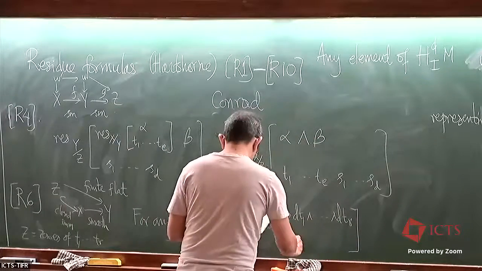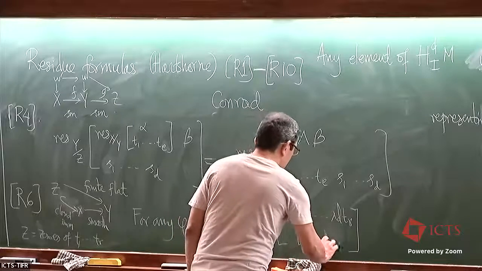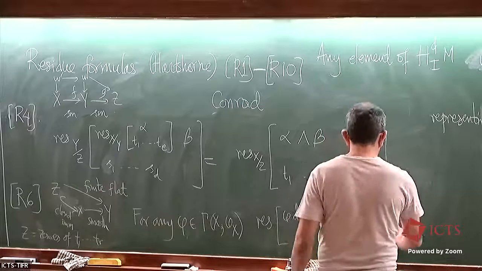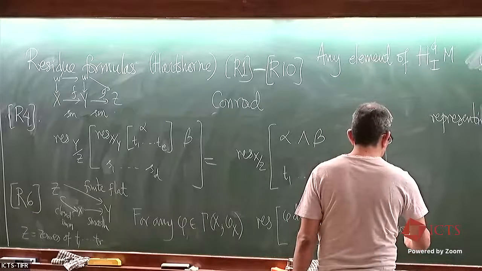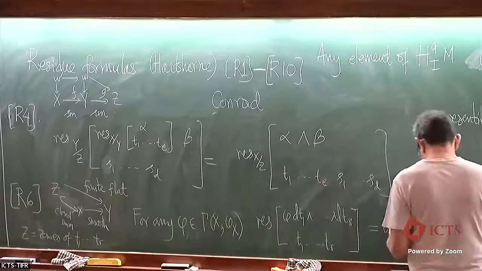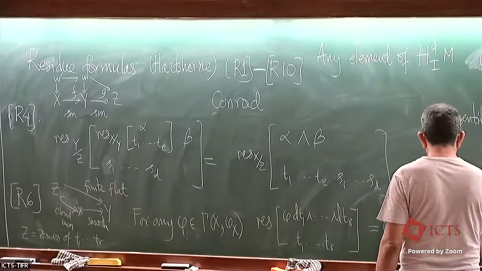Then this, over t1 to tr, is equal to the canonical trace over Z over Y.